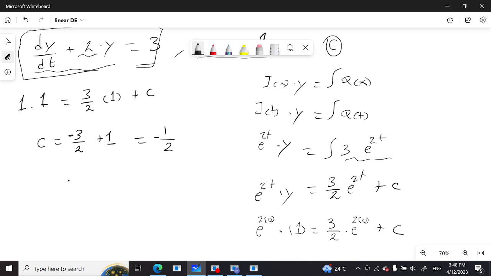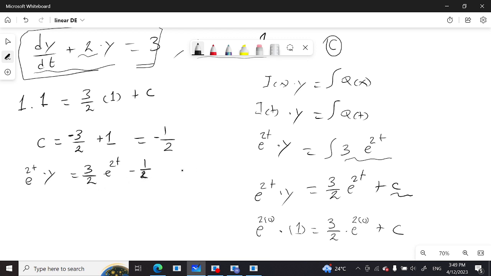So now we plug in the value of c in this equation, so we get exponential 2t times y is equal to 3 divided by 2 exponential 2t plus negative half, minus half.